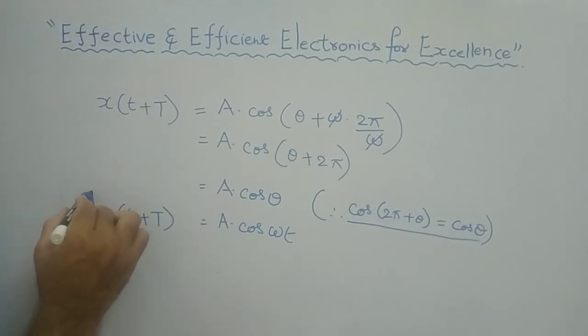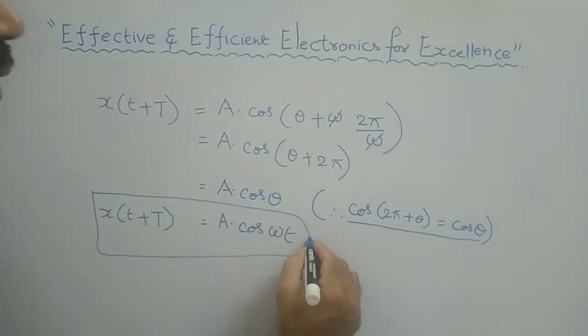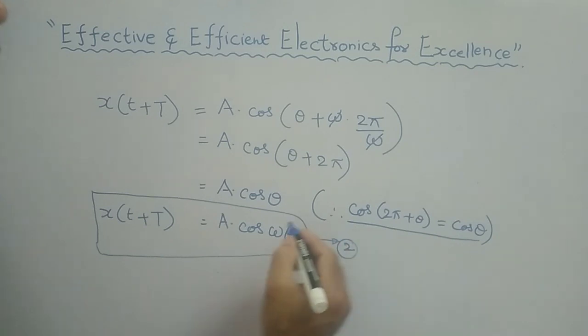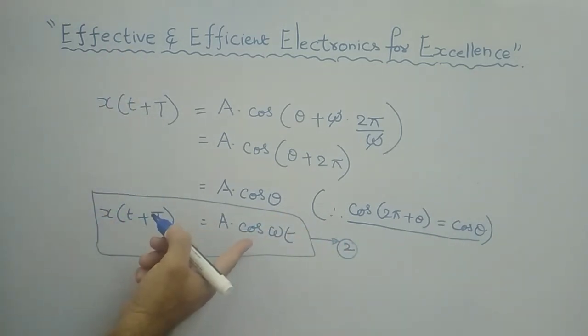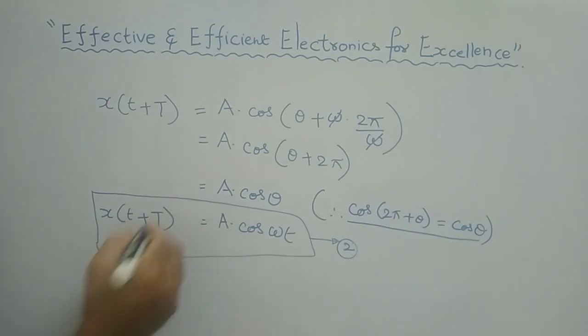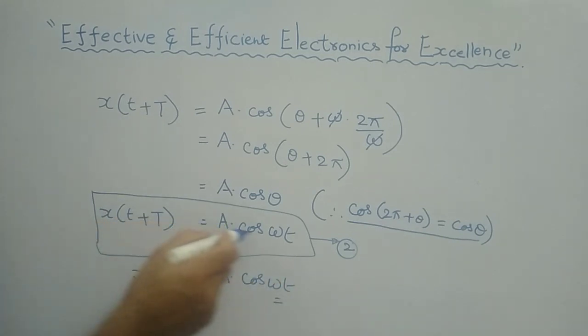Clear? Now you can call this equation number 2. Now equate: see, your x of t and this x of t plus T are both the same. X of t is equal to a cos omega t, and x of t plus T is also a cos omega t.